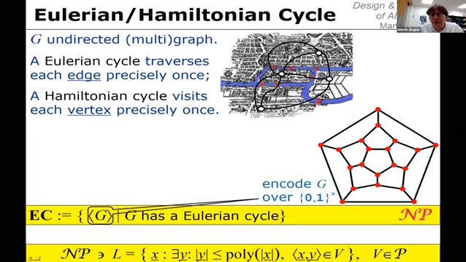And remember, the nice thing about NP problems is that it's easy to convince someone that the string x belongs to the set L, maybe by presenting a witness. Why? Because then it is easy for your partner to verify that this is indeed a witness.